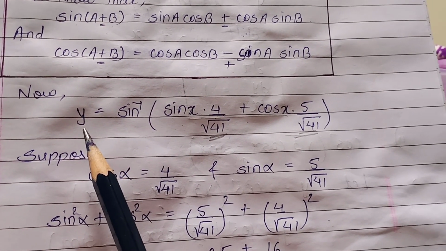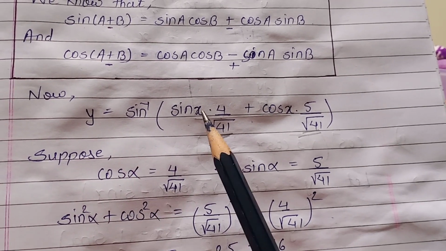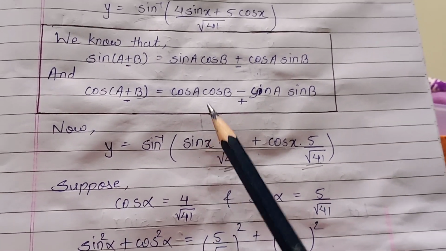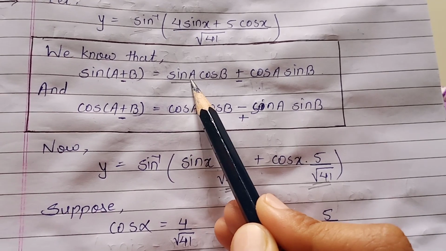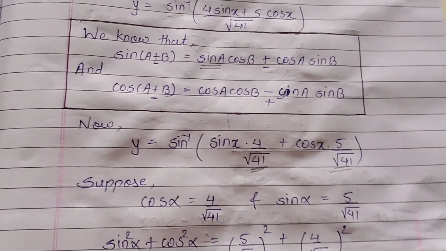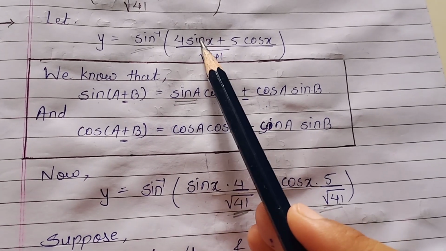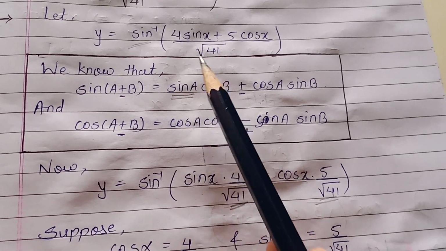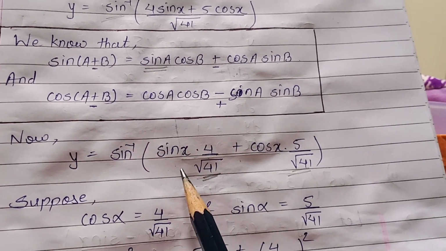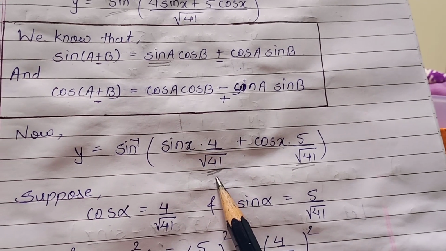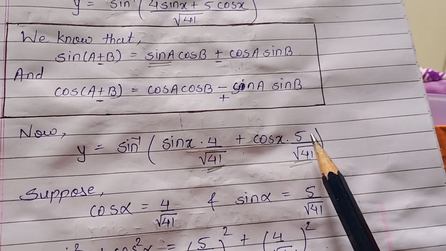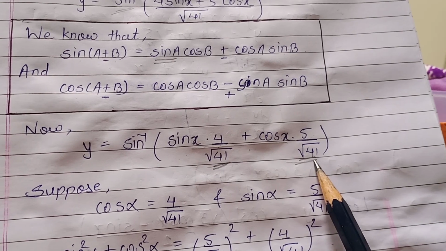So the step is now y is equal to sin inverse of sin x. I will write it first, as in the formula the sin function is in first position. So we'll write sin x in first position and 4 upon root 41 in second position. So this is sin x into 4 upon root 41 plus cos x into 5 upon root 41.